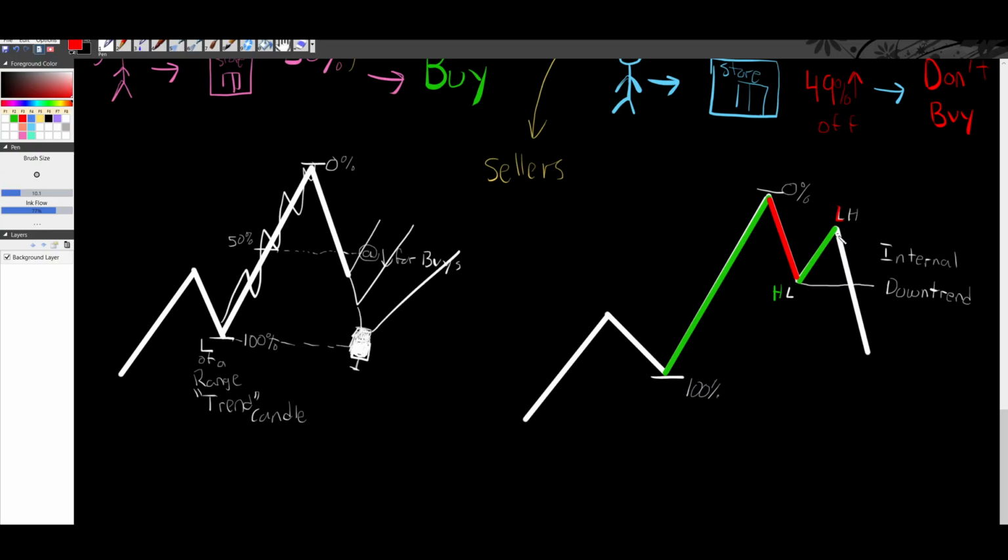And now we just made a lower high in the market. And as the price starts to come down and we break and close below that higher low, now this entire area, the buyers in the market here, they just got taken out. All these buyers are dead. These buyers are still alive.